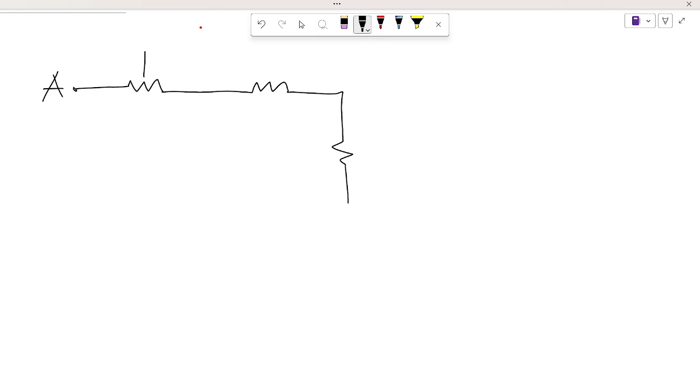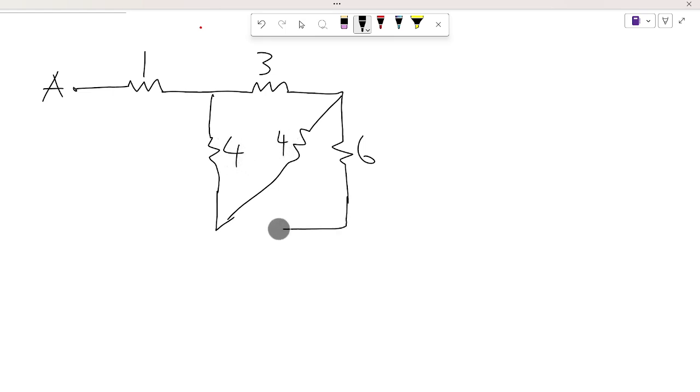So 1 ohm resistor, 3, 6. We have a 4 ohm resistor present here, and say another 4 ohm resistor, and we have a 3.3 ohm resistor, and this is terminal B.